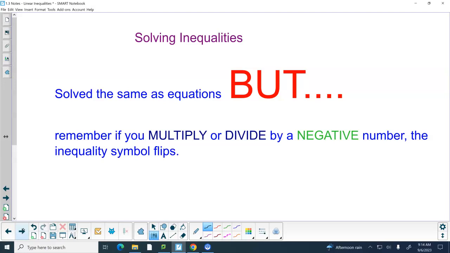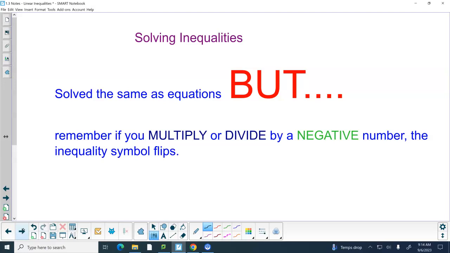The only difference in an inequality, and this will trip some people up, is if we multiply or divide by a negative number. That's a combo: it's one of multiply or divide, and it's got to be a negative number. So if you multiply by 2, nothing changes.